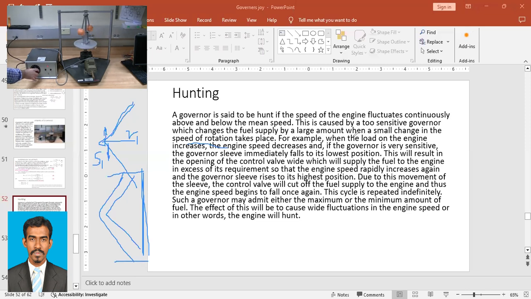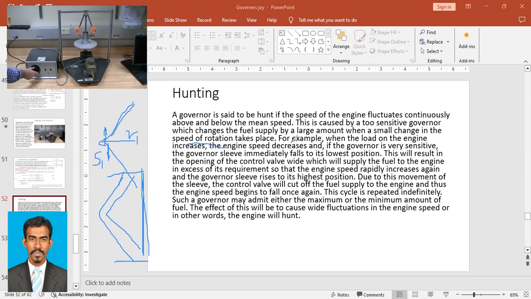For example, what will happen when the load on the engine increases? Usually the speed of the locomotive will decrease. So under such circumstances, the governor will give some more fuel so that the engine may travel at a certain speed.